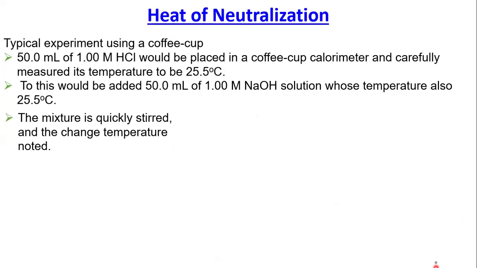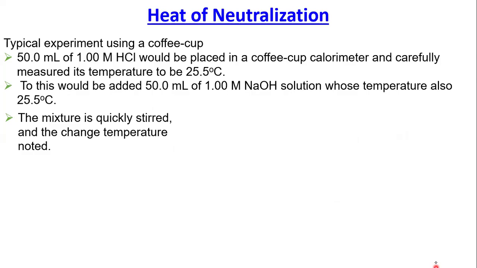Now this is how we set up the coffee cup. I've already said that the coffee cup is what we use to measure enthalpy change. Now, we have to take note of these numbers because we will use them to solve questions on the next slide. So, typical experiments using a coffee cup calorimeter.